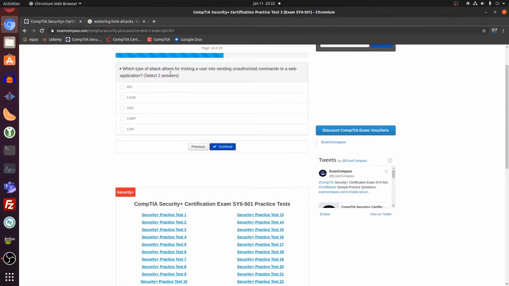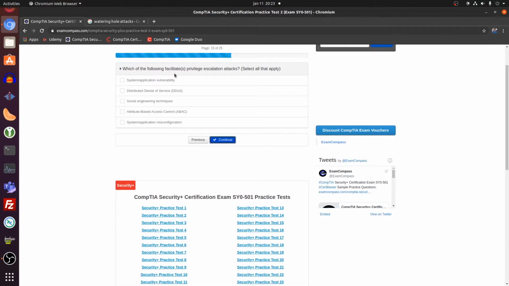Which type of attack allows tricking a user into sending unauthorized commands to a web application? Unauthorized commands. Cross-site scripting. XSRF, CSRF. I think those two.